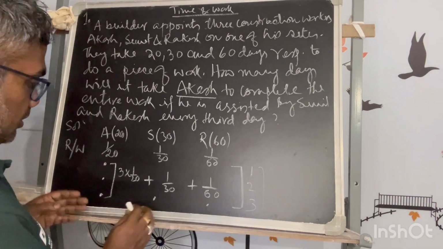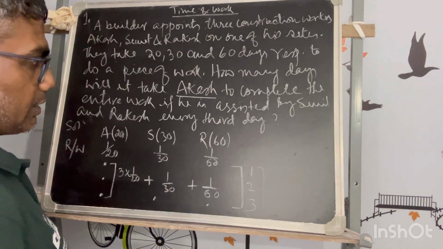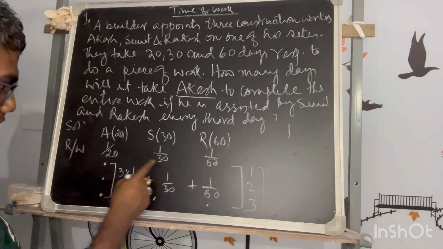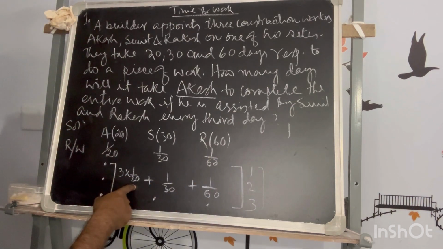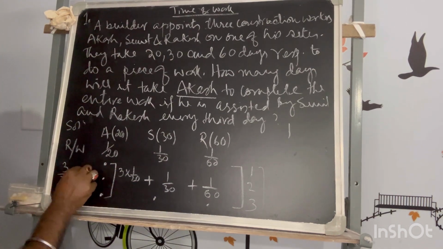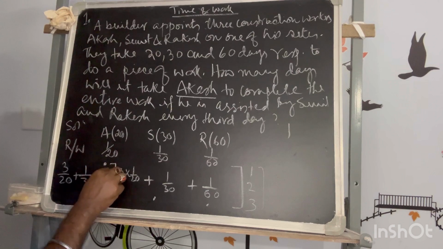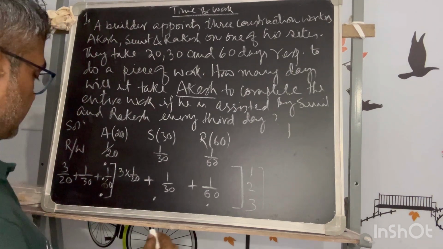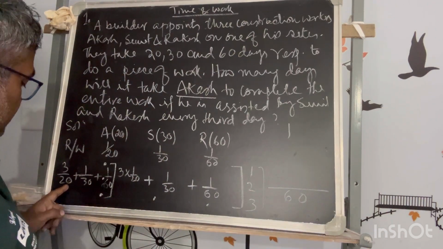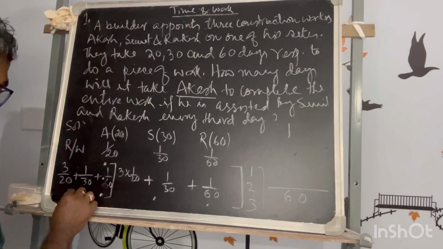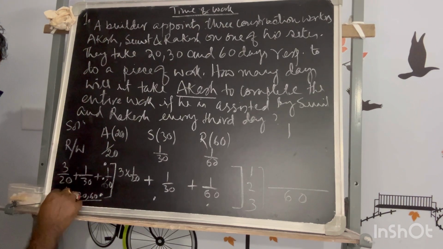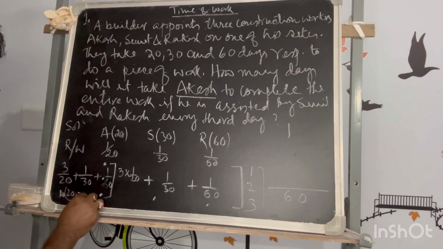So in every 3 days, whatever amount they do, the total work is 1. Let me check how much they do in 3 days: 3 parts of 1 upon 20, 1 part of 1 upon 30, and 1 part of 1 upon 60. So that is 3 upon 20 plus 1 upon 30 plus 1 upon 60 is the work done. What is the LCM? 60 will be the LCM, since 20, 30, 60 are all multiples. Dividing by 10 directly, we get 2, 3, 6.